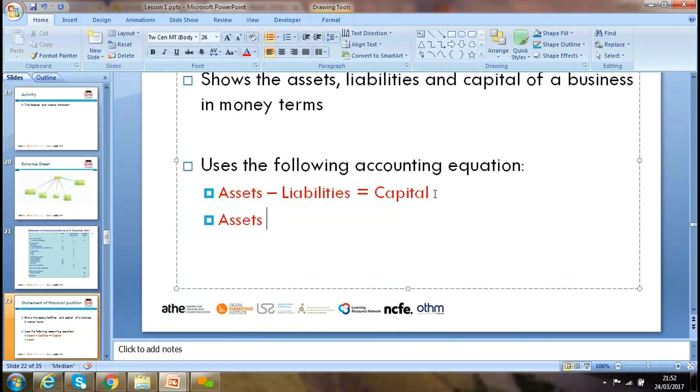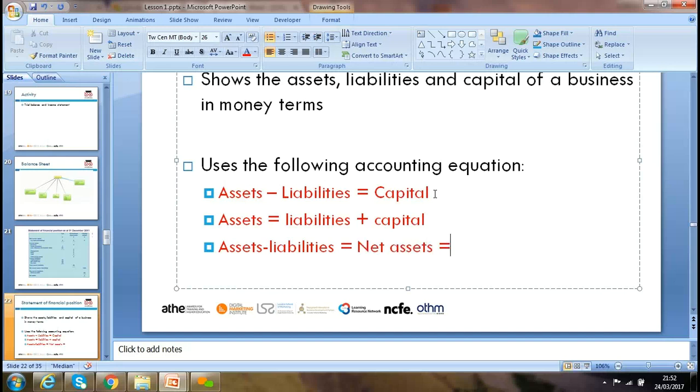First, assets equal liabilities plus capital. So assets minus liabilities equal net assets, and net assets equal capital. It's the same thing in maths, just an equation. Asset minus liabilities becomes net assets.